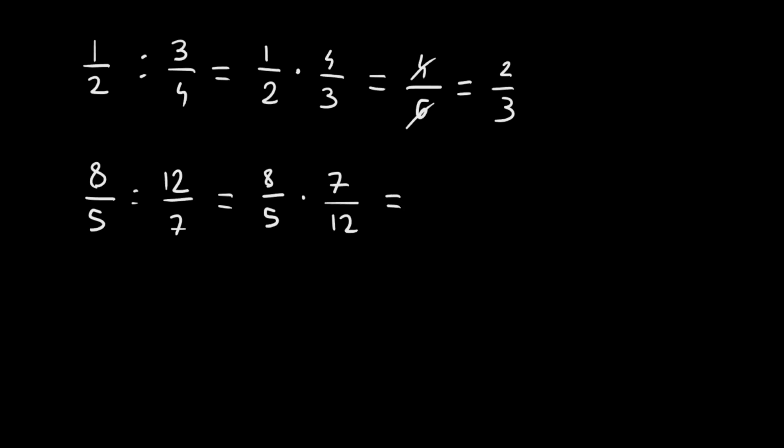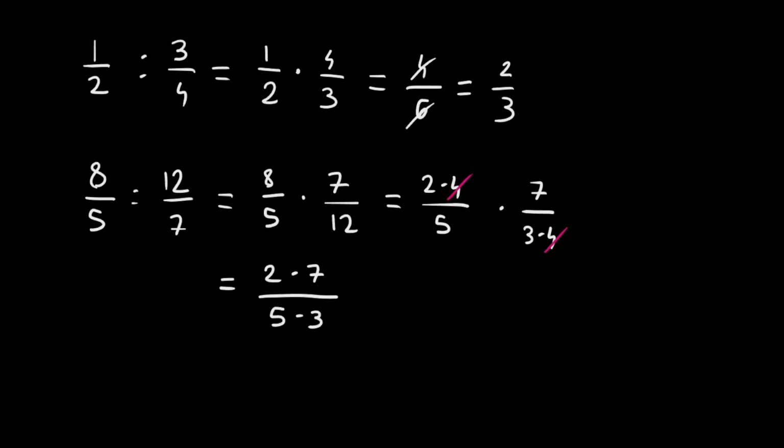Now, we can also write 8 as 2 times 4 and we can write 12 as 3 times 4. So we can cancel out 4 in numerator and denominator, and we are left with 2 times 7 over 5 times 3. Now 2 times 7 is 14, and 5 times 3 is 15.